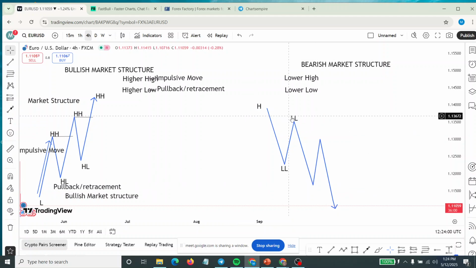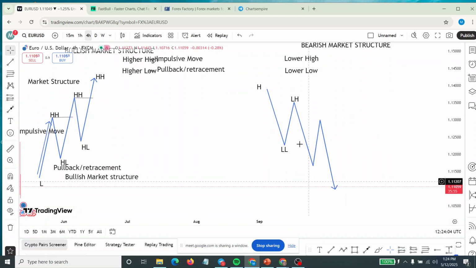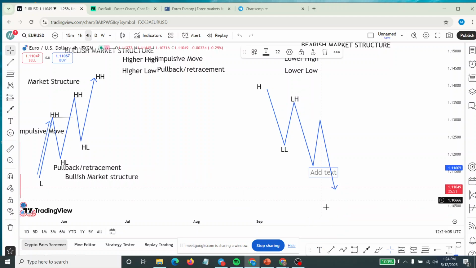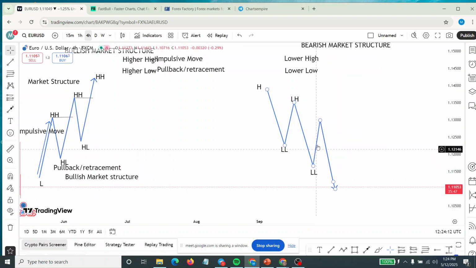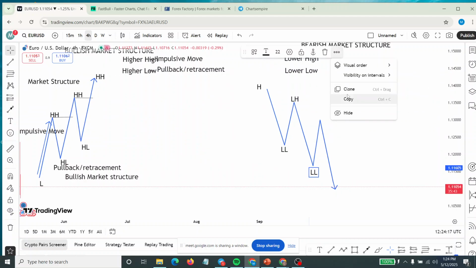You can see, sorry. This is our lower high. So with this lower high, we expect to see a new lower low. So with this lower low, we still expect to see what? Another lower high.